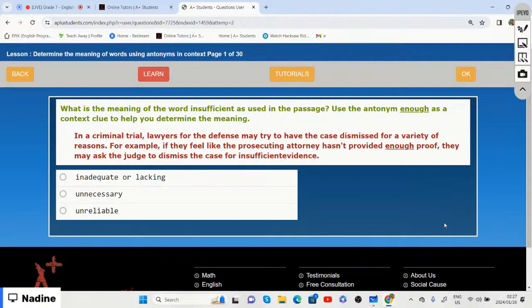For example, if they feel like the prosecuting attorney hasn't provided enough proof, or they may ask the judge to dismiss the case for insufficient evidence.